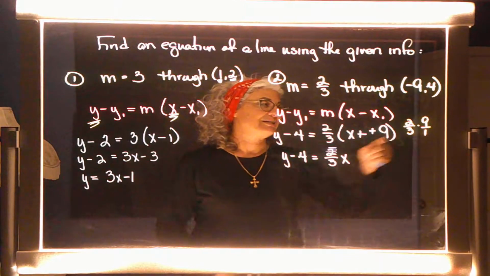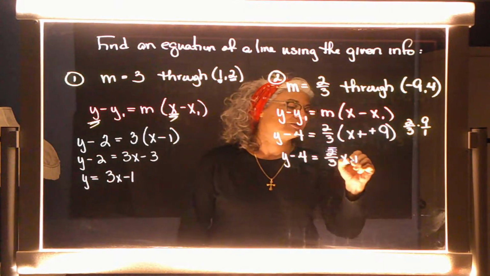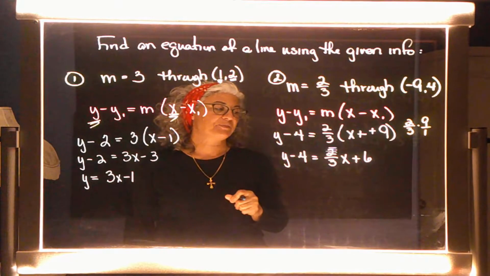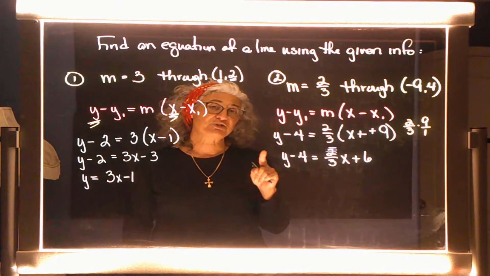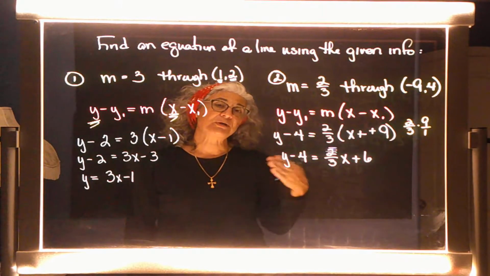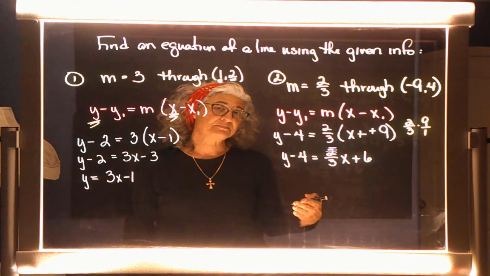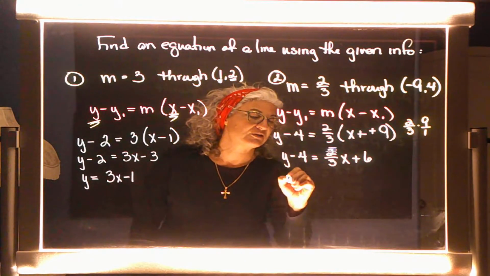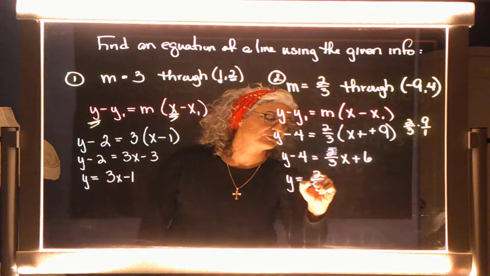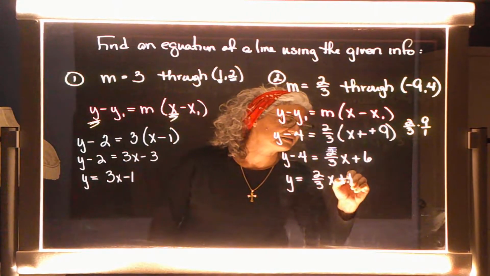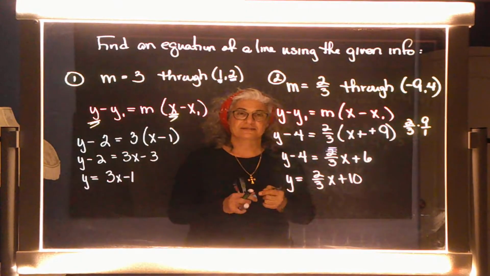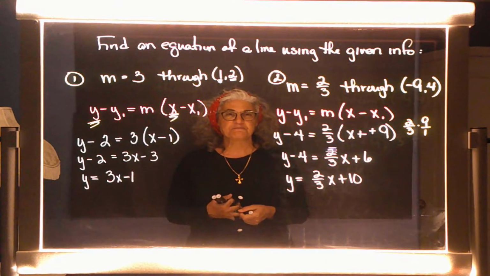Because you get 18 over 3. And that's going to be a positive 6. And if they want the answer written in slope-intercept form, you've got to get the y by itself. So y equals 2/3 x plus 10. Awesome. Does this make sense?